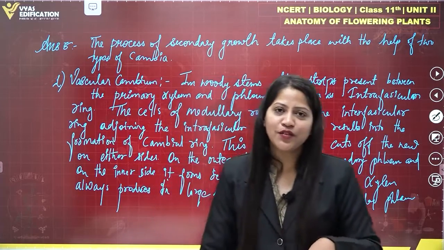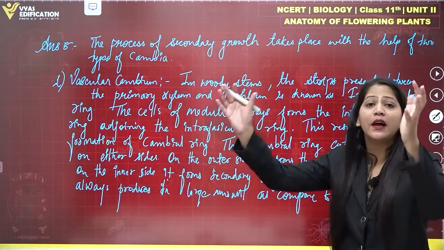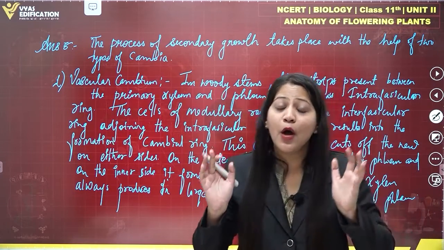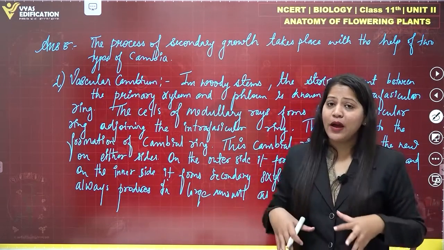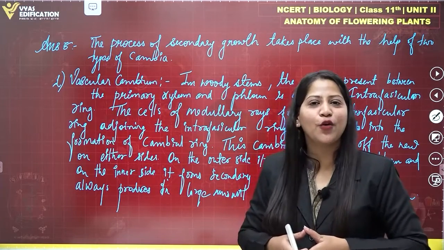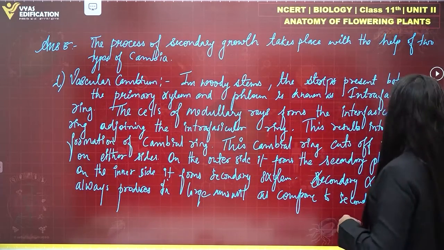So this is about vascular cambium, or the secondary growth happens in dicot stem with the help of vascular cambium. Now we are left with the secondary growth in dicot stem with the help of Cork cambium. Let's write that also.